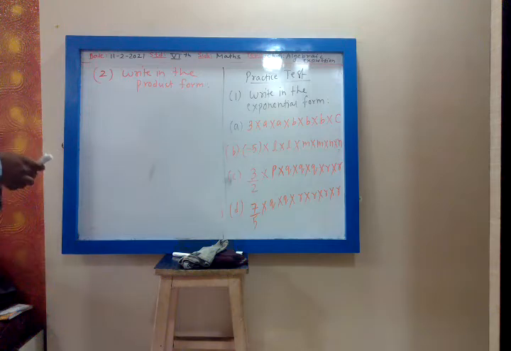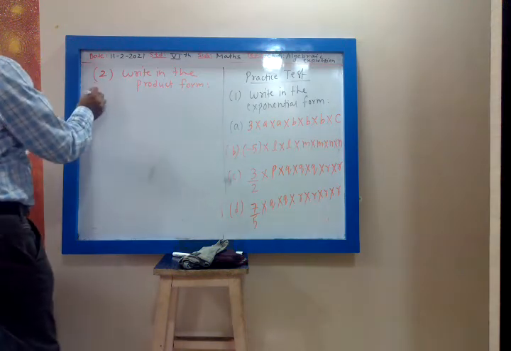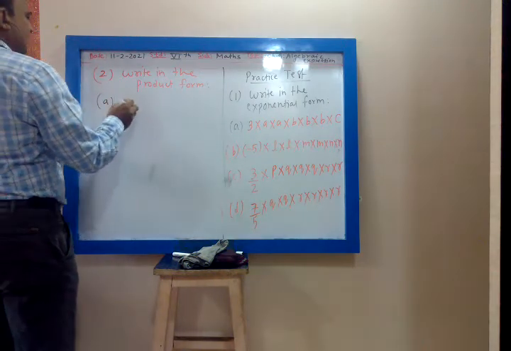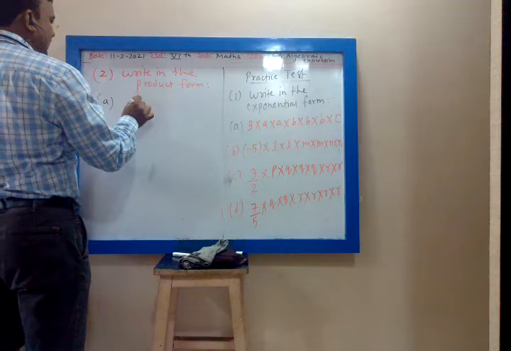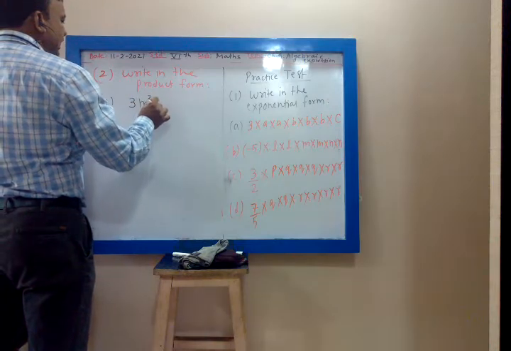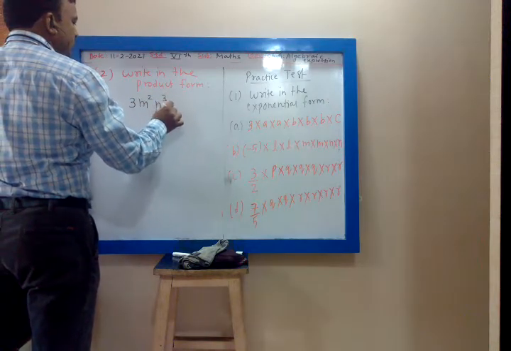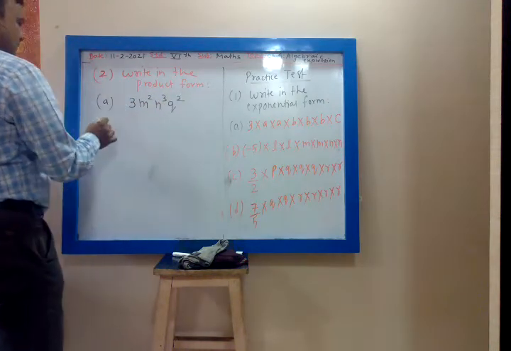Write in the product form. A, 3 n square, n cube q square.